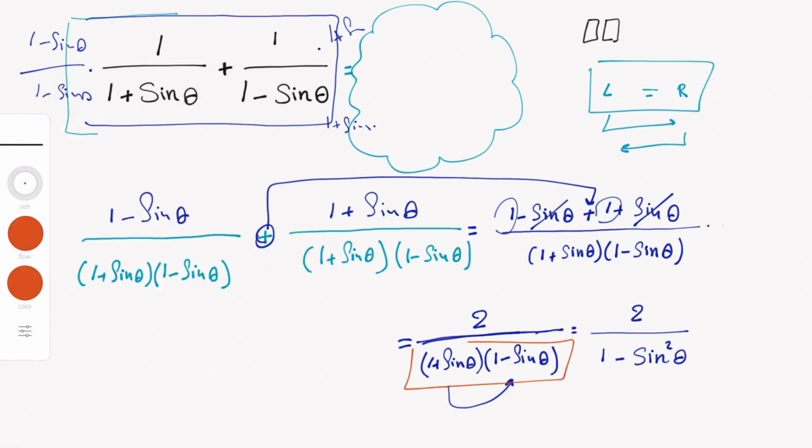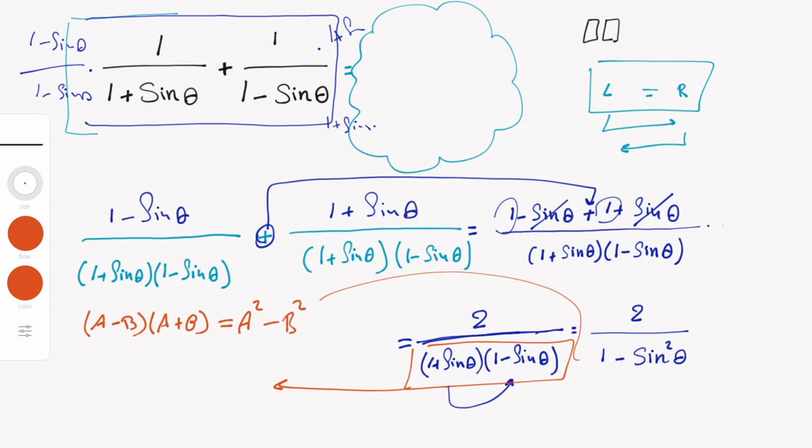How did we get this? You can use the conjugate rule, like a minus b times a plus b equals a squared minus b squared. That's what I did here, which is 1 squared minus sine squared. Or you can multiply, and you should get the same thing.